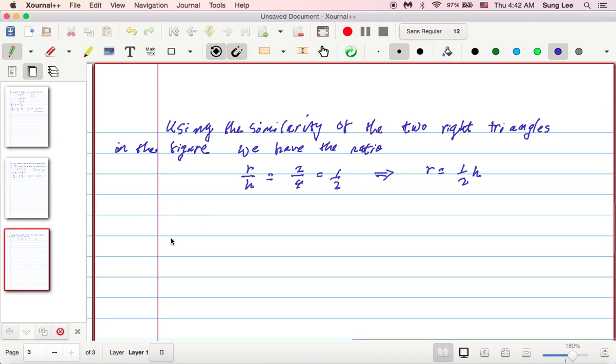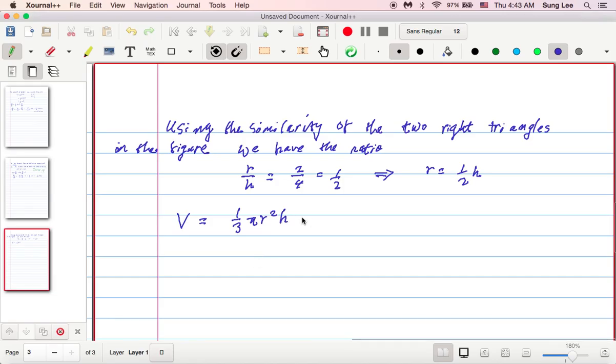And so the volume of a right circular cone with radius R and height H is 1/3 pi R squared H. We talked about this formula in one of the earlier examples.